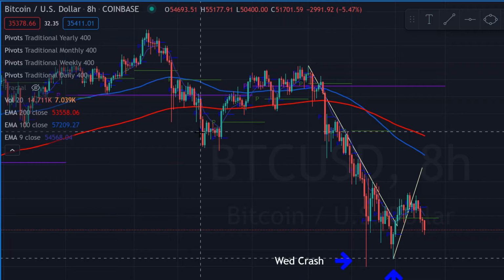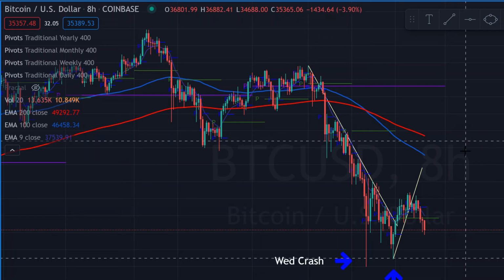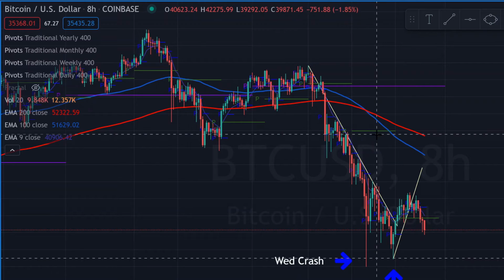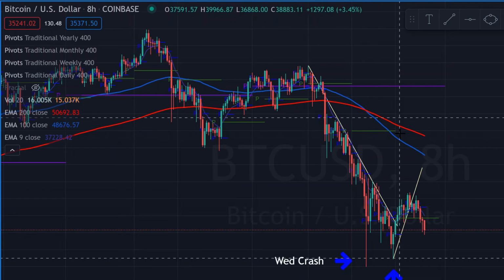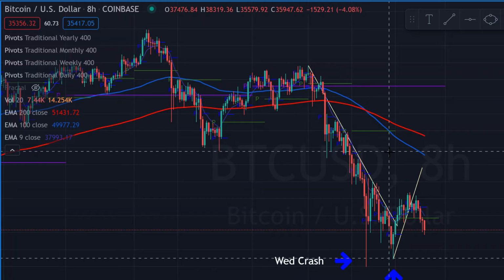Also on this chart, I have placed some indicators. These lines, like this green line here and this purple line here, are called pivot points. And these pivot points are projected price targets based upon previous price action.